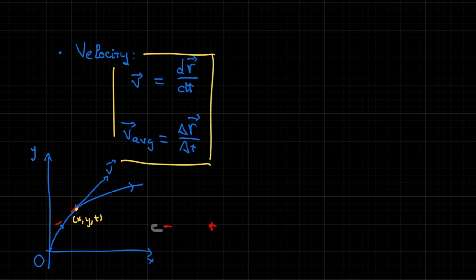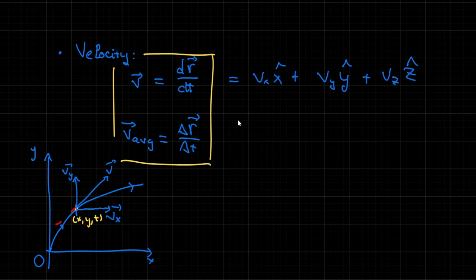And we can take the components of this vector, Vx, right? And so now I can write this vector as Vx, Vy and the z component also.